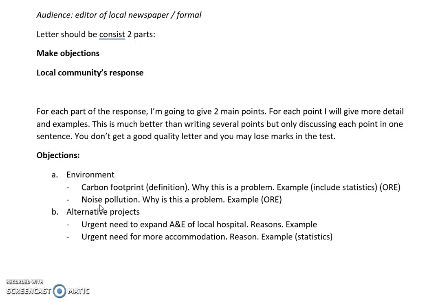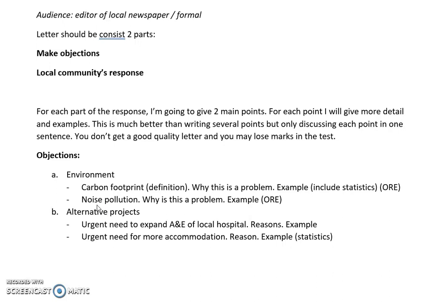I have a second point also in this paragraph, and that is noise pollution. So I'm going to give my opinion on noise pollution. Why is this a problem? And again, give examples. And here, for examples, I might say that a huge number of residents might have to be forced to relocate or move because they don't want to be dealing with the whole noise of airplanes landing every few minutes.